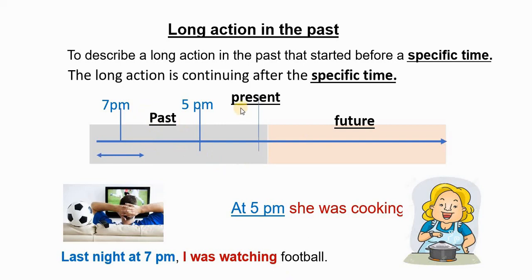This is now the present, future, and the past. So here is a specific time. Very short time. Specific time, 7 p.m. last night. And here is the long action, I was watching.